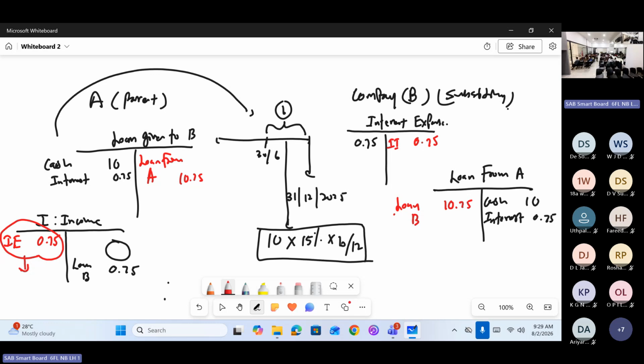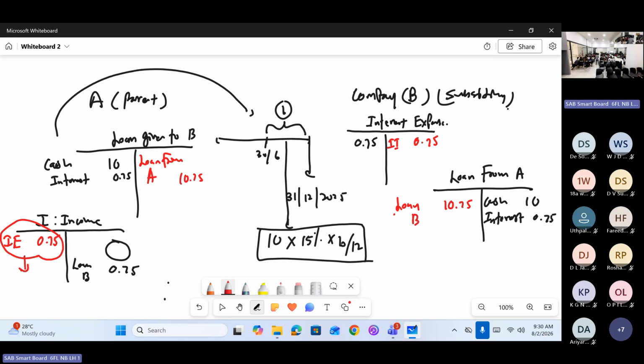Income statement, pass it, right? Otherwise, also interest income and interest expense, for that you need to pass it.